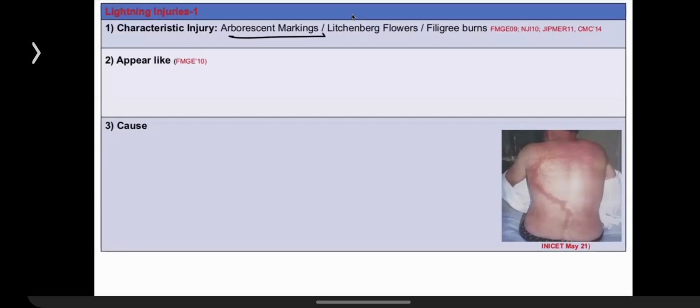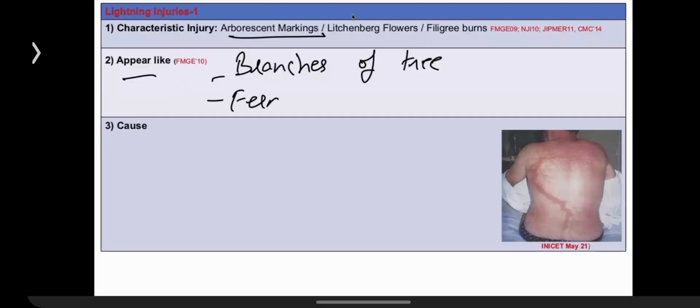Lightning injury, arborescent marking: they appear like branches of a tree, a fern-like pattern.